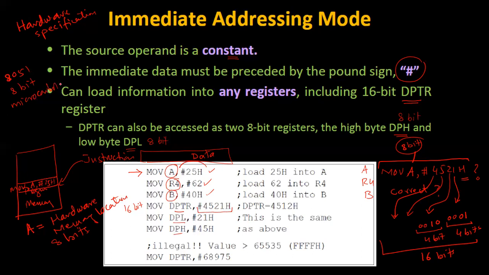ठीक है? तो इसमें ज़्यादातर रजिस्टर्स 8 बिट्स के हैं, बट सम रजिस्टर्स आर... so I should write it. Most registers are 8 bits, but some special registers are 16 bits.